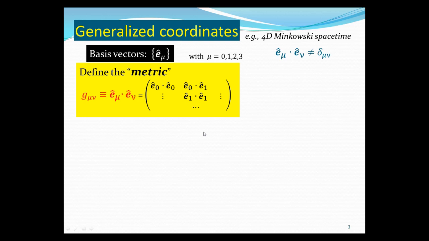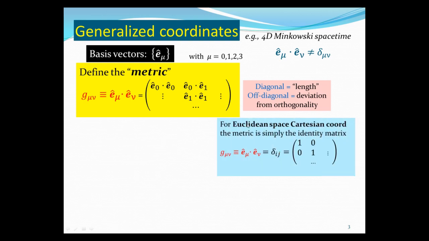Writing these dot products of the basis vectors collected together, we call it a matrix. You notice the diagonal elements of this matrix are the lengths of the basis vectors, because e0 squared, e1 squared. The off-diagonal elements are deviations from orthogonality. If these two, for example e0 and e1, are orthogonal, it would be 0 here. So if it's not 0, it means there's a deviation from orthogonality.